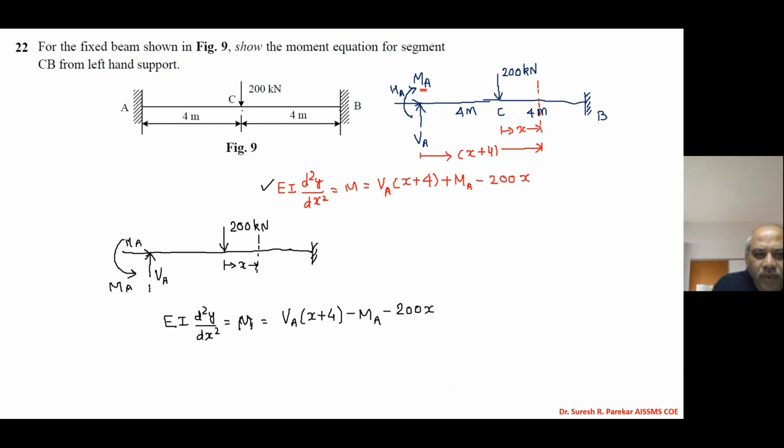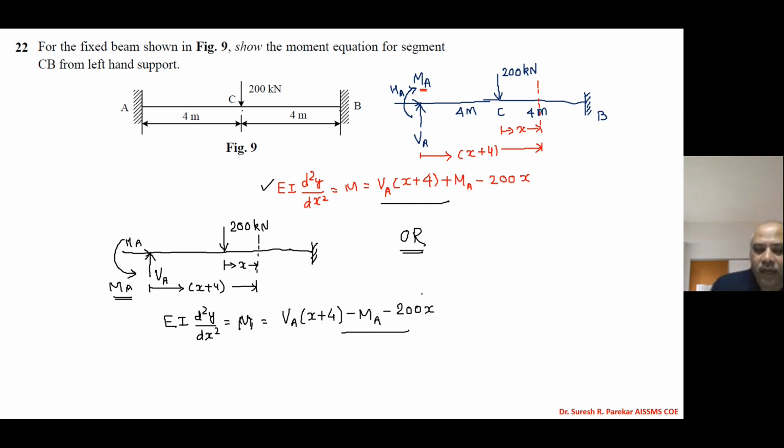Because distances are going to be the same, we have this distance again same, x plus 4 and x. MA need not require any distance, and then we can have this one. So this or this, you have to write in examination. If we have a question, you have to write this equation or you have to write this equation.